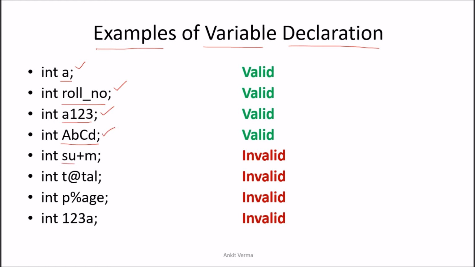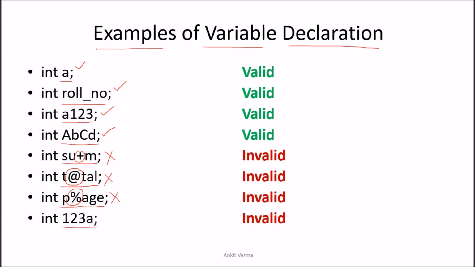Then SU plus M, invalid, because special characters are not allowed except the underscore. Then T@TAL, invalid, because special characters are not allowed except the underscore. Then P%age, invalid, because the percentage sign is again a special character.